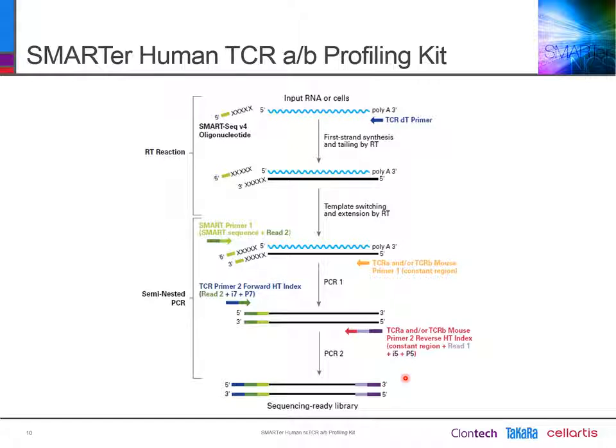In PCR 2, you then incorporate more of the Illumina indexes and forward and reverse primers. So by doing this, what you end up with as a final product is a full-length sequence of the variable region, part of the constant region, and Illumina adapters incorporated, giving you a sequencing-ready library.